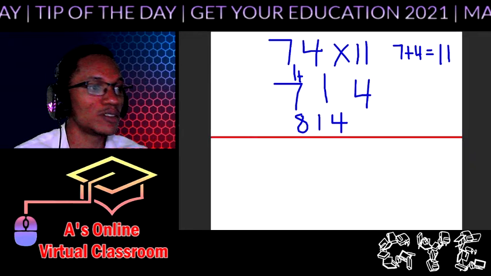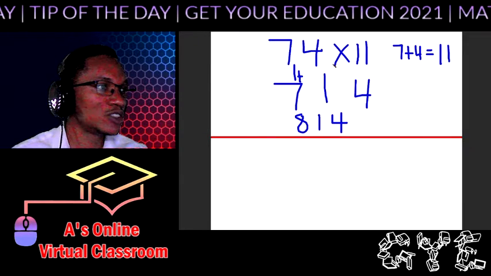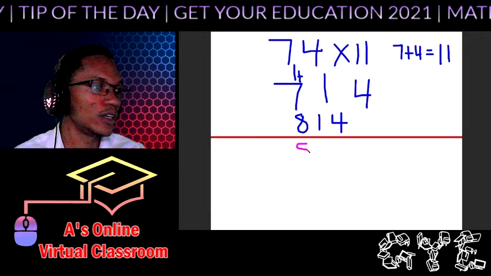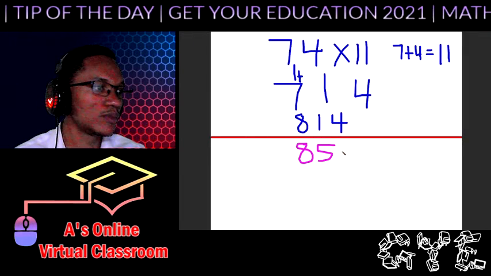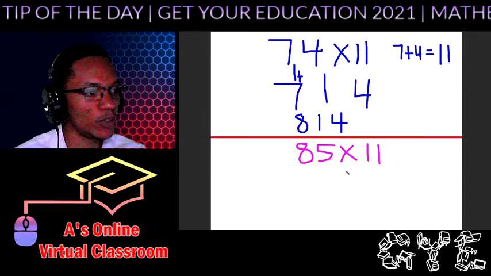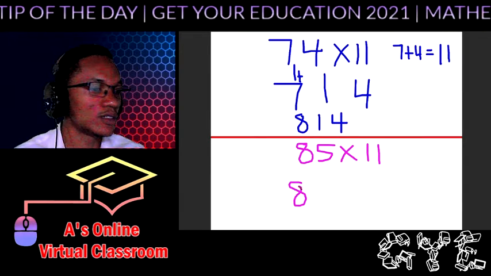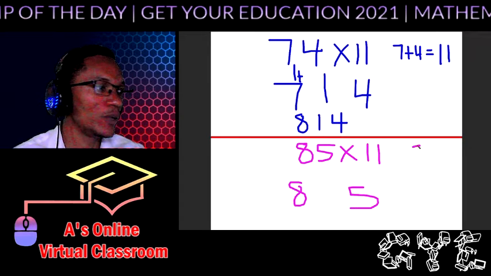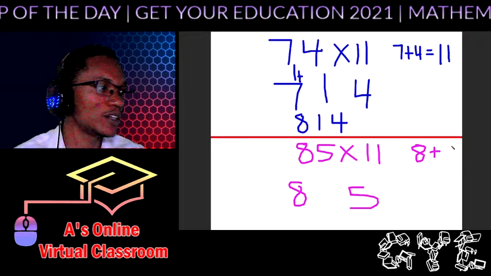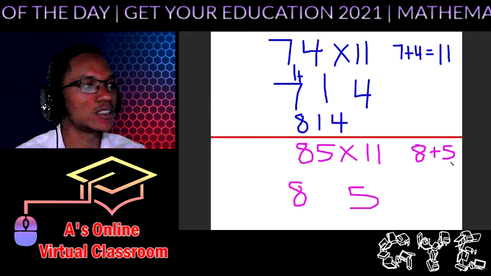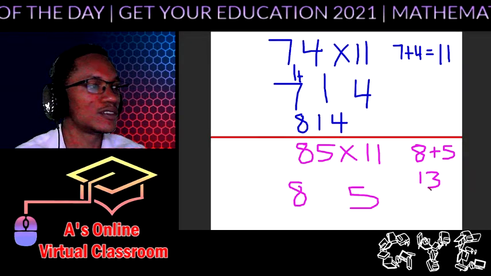Let's look at one more. If we have a number like, I don't know, 85 multiplied by 11, we're going to separate the numbers 8 and 5, and when we add 8 plus 5, that is 13, yeah?